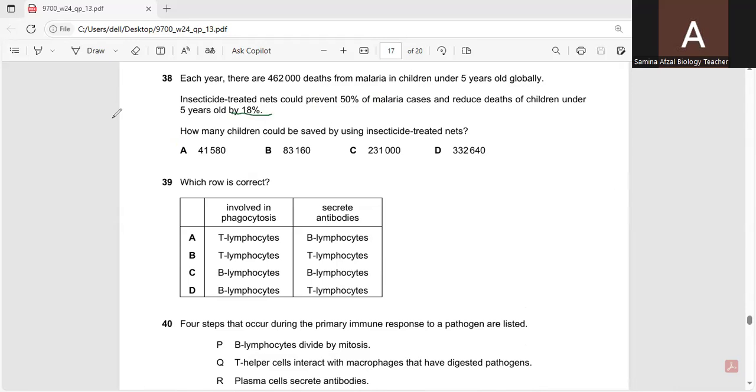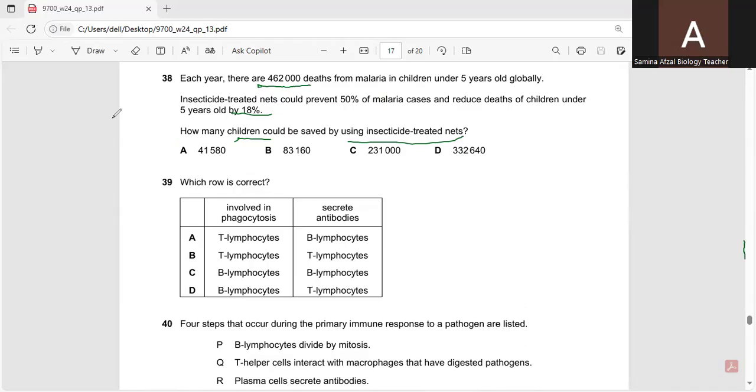So how many children could be saved by using insecticide treated nets? So total number of deaths are 462,000, and out of these, 18% children, we have to find out their number.